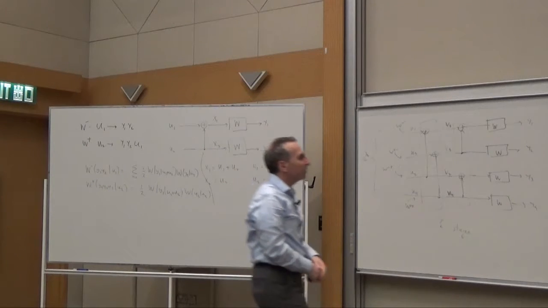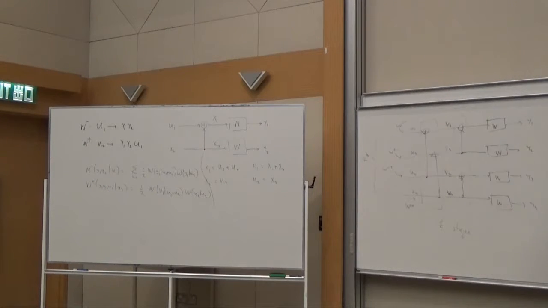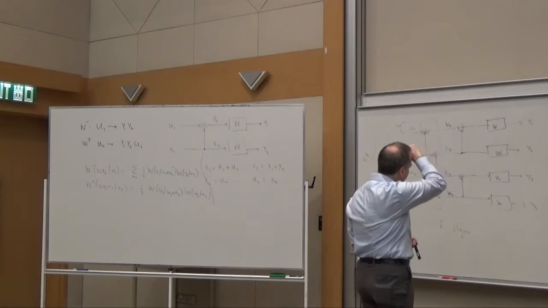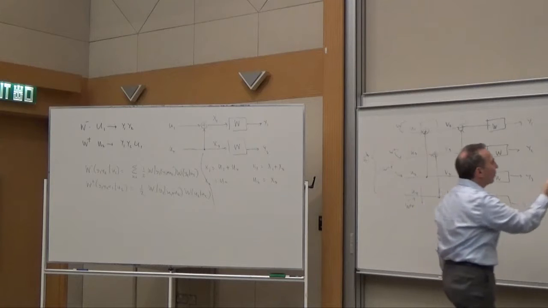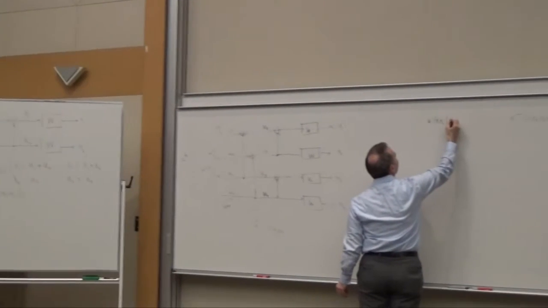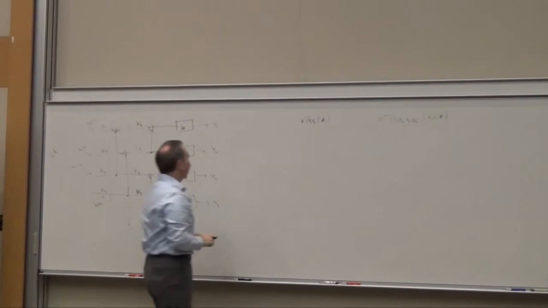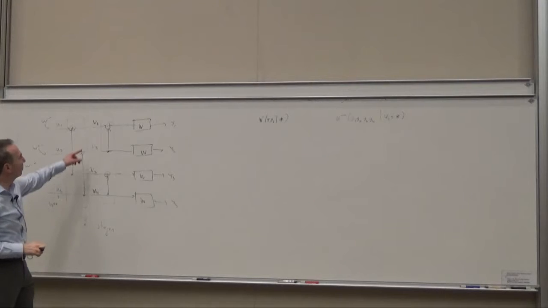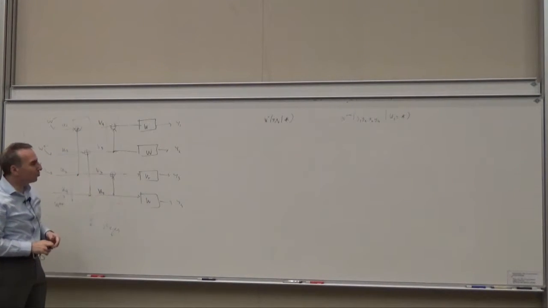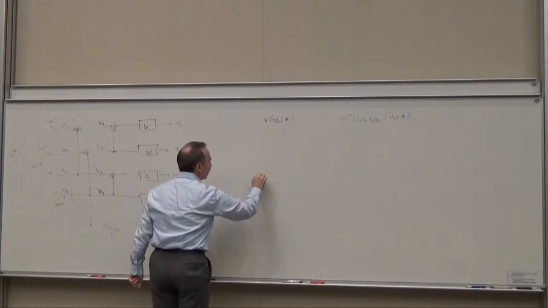So consequently, to compute this, I need the following things. I need to compute the W minus of Y1, Y2 given the star. W minus has the inputs V1 and V2, and another W minus here.